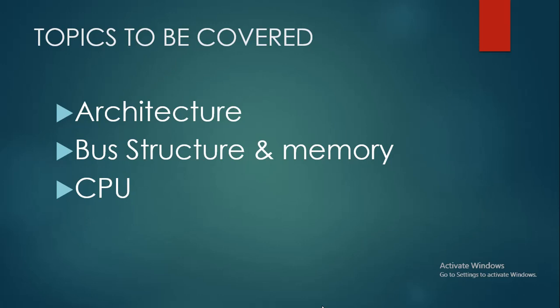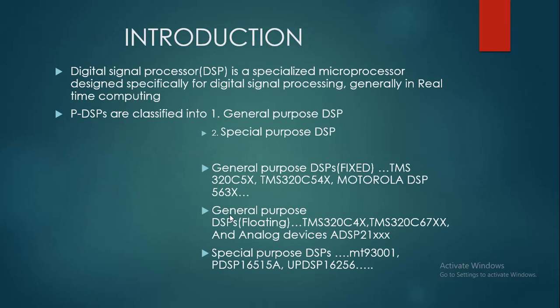Programmable DSPs and advanced microprocessors are similar to each other in all terms like low power requirement, cost, real-time IO capability, and availability of high-speed on-chip memories. Programmable DSPs are classified into two types: general purpose DSPs and special purpose DSPs.